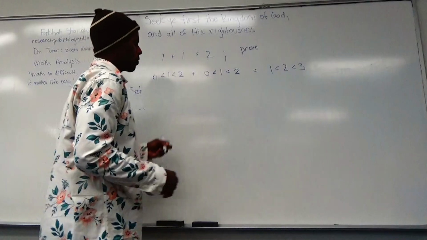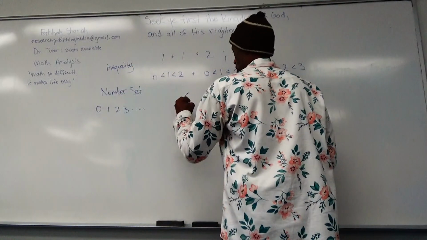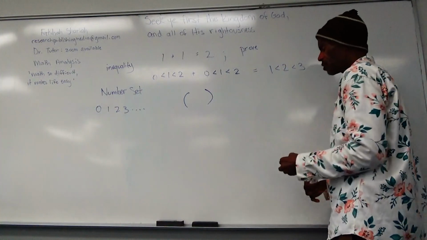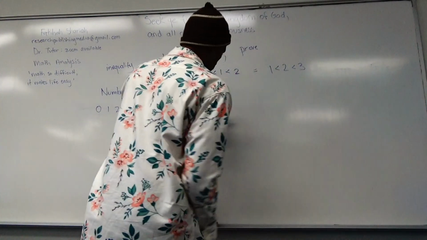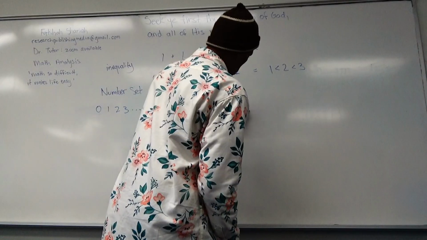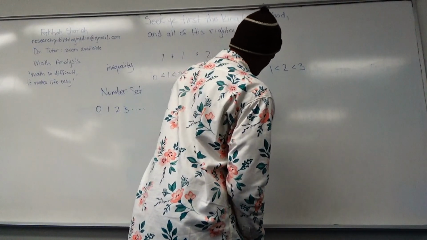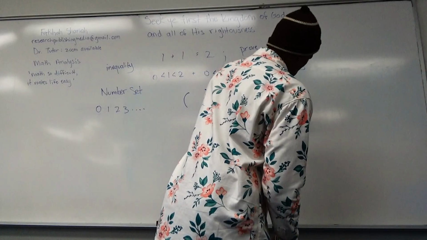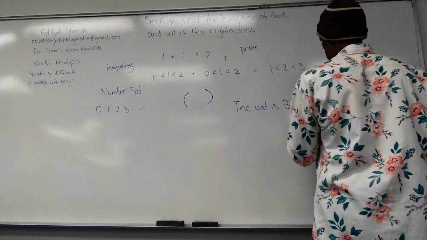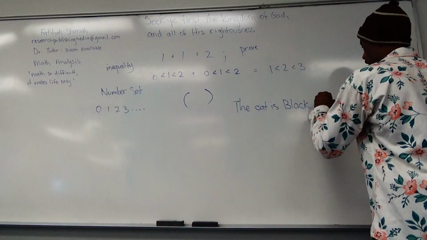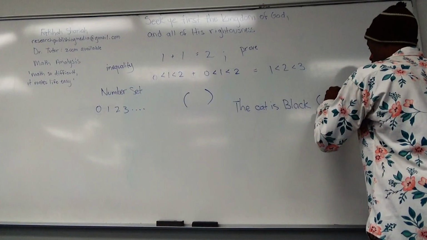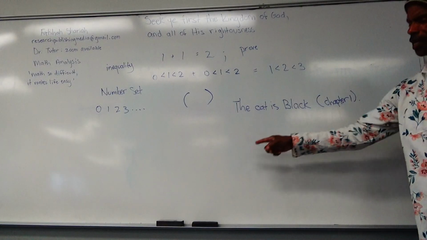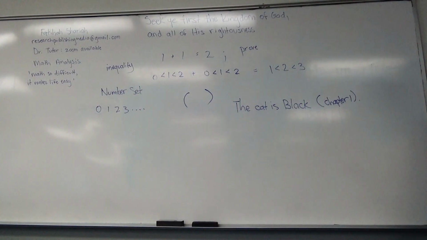So we use this symbol right here, the parentheses. When you're writing a sentence, you might say the cat is black, and then you might put in parentheses, chapter 1, and then put the period to end the sentence, right?